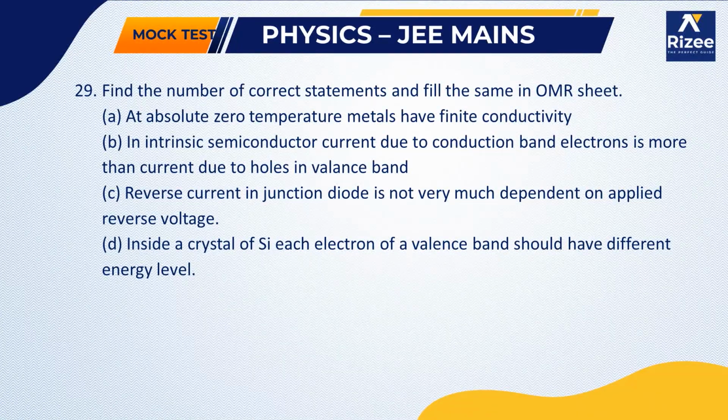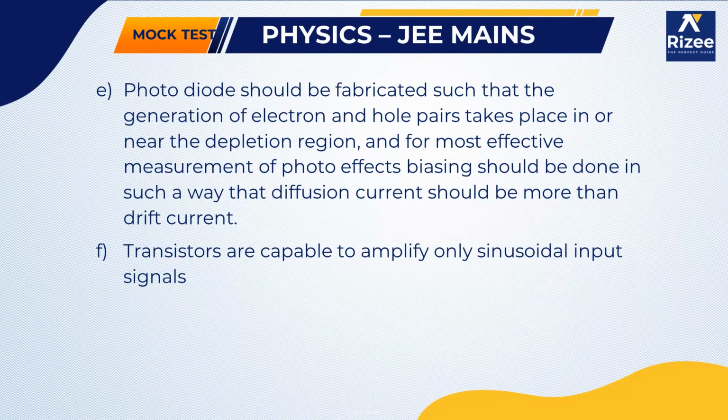C: Reverse current in a junction diode does not depend very much on the applied reverse voltage. D: Inside a crystal of silicon, each electron of the valence band should have different energy levels.